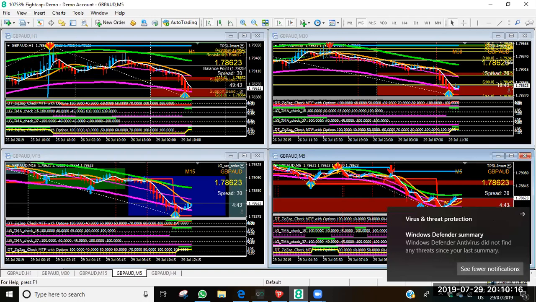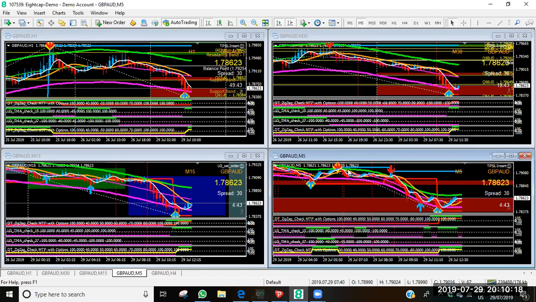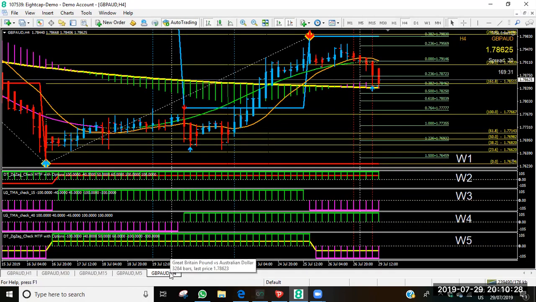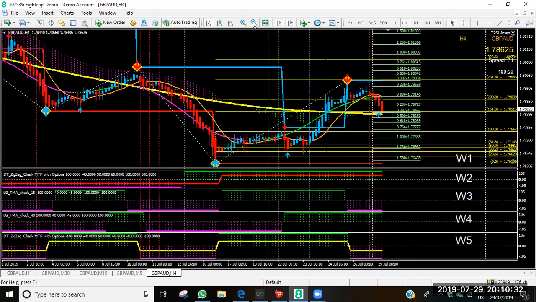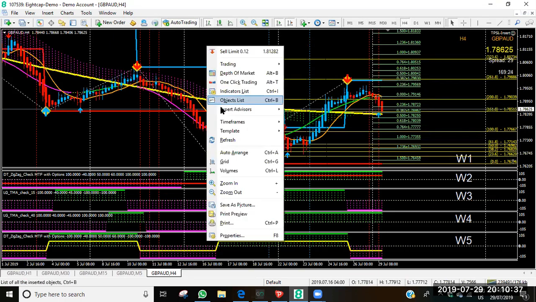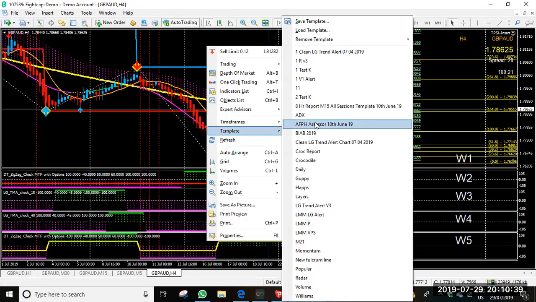Now, pound Aussie is one of the currency pairs that has a lot of movement. Oh, this is quite an old one. Let me just put.